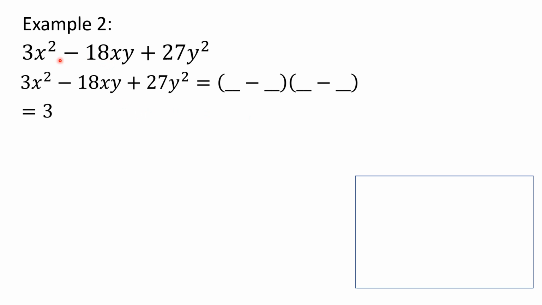Then let's divide the common monomial factor from our given expression. So 3 divided by 3 is 1.